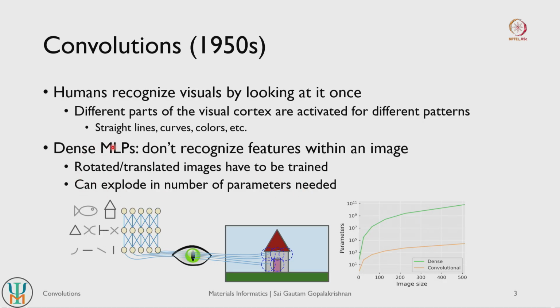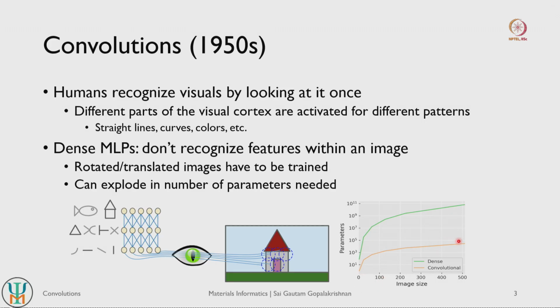And this is why, if you use dense architectures without including convolutions, you can have an explosion in the number of parameters. So this is basically something like an image size. You can think of this as the number of pixels of an image that you want to use in your training set.